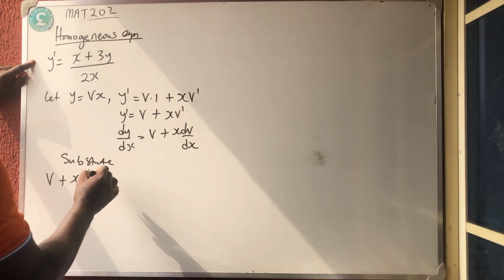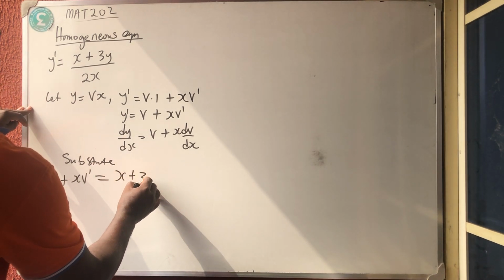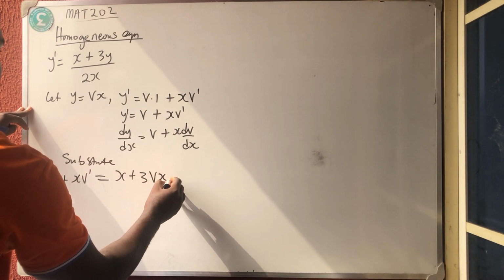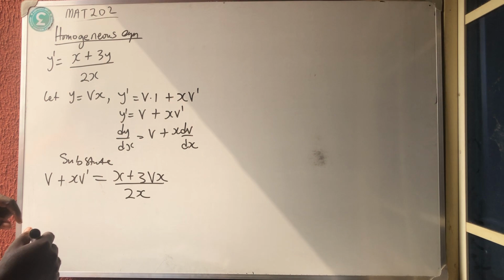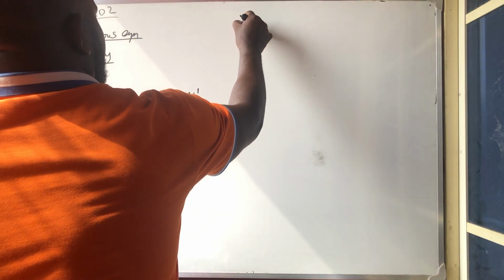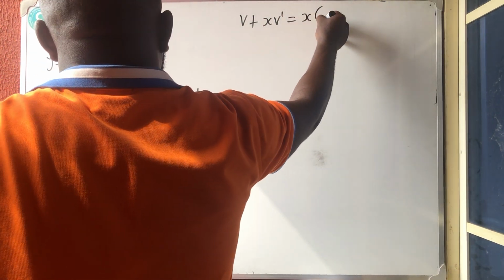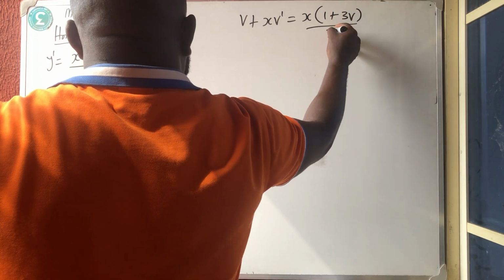Is equal to x plus 3, and instead of writing y, I'll put vx, all over 2x. So let's continue. I'm having v plus x v prime is equal to, x is in common, so I'm having 1 plus 3v all over 2x.